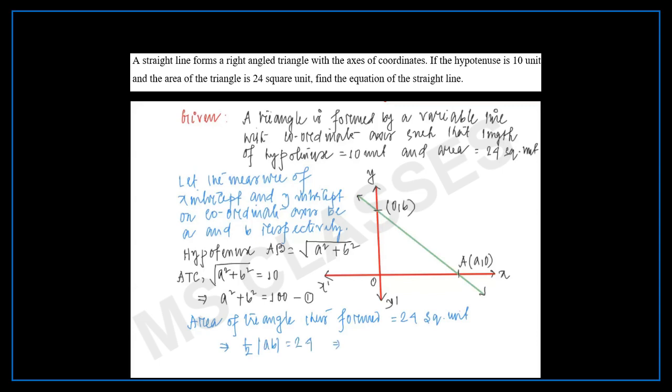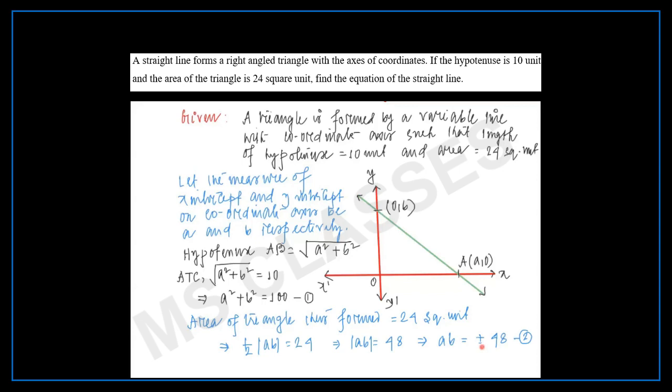And from this we can say mod AB equal to 48. That is AB equal to plus minus 48. And this is the condition 2. So we have got the condition 1, we have got the condition 2. Now if you solve, here obviously we will divide this into two cases. First case, when AB is 48, that is A we can take 48 by positive B.